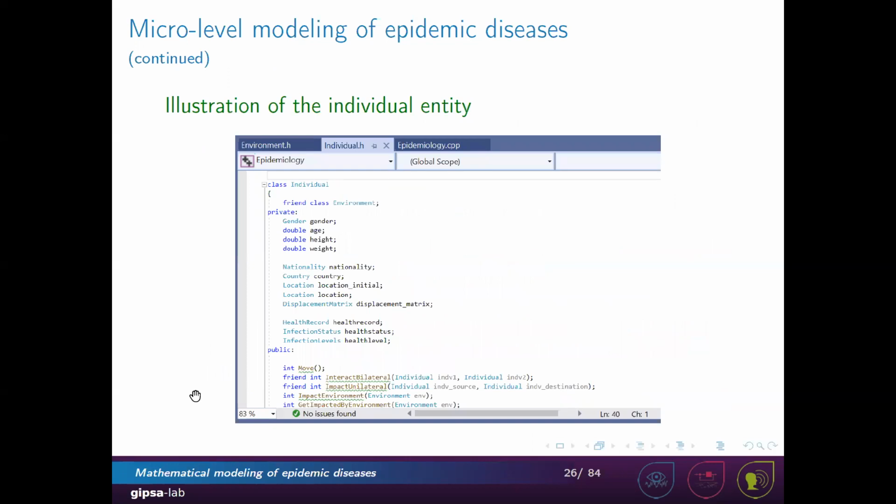Just to give you an idea of what the modeling environment looks like, for instance, it can be a software environment in which the individuals are modeled as, say, a class, and we instantiate objects from this class, and they can move around and interact with one another inside the environment.